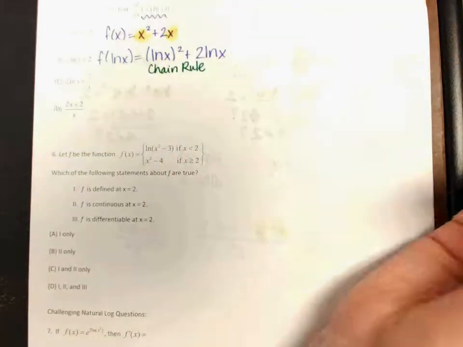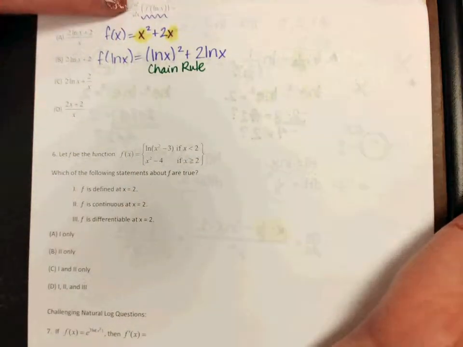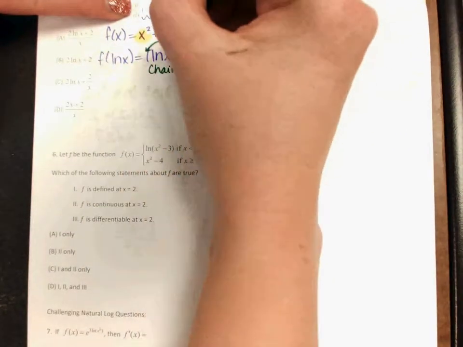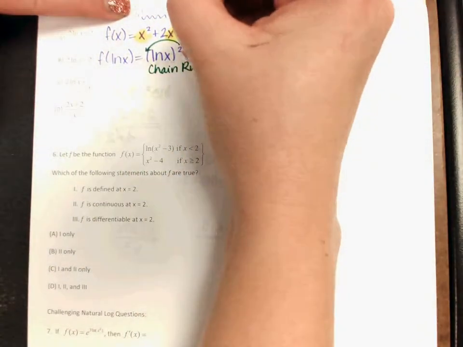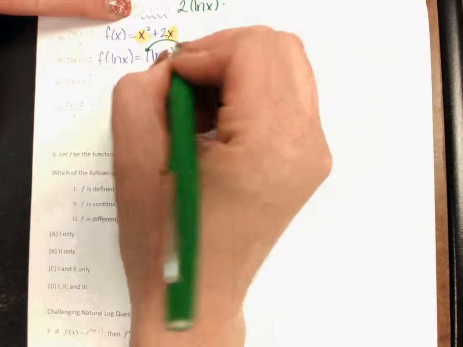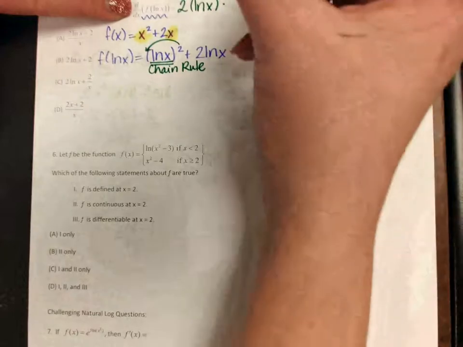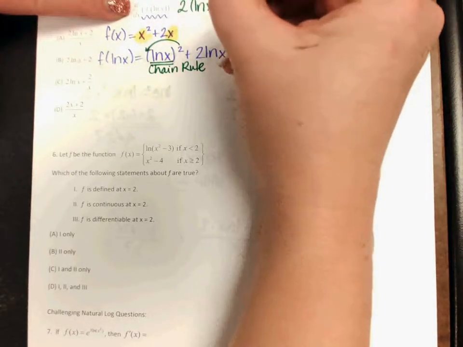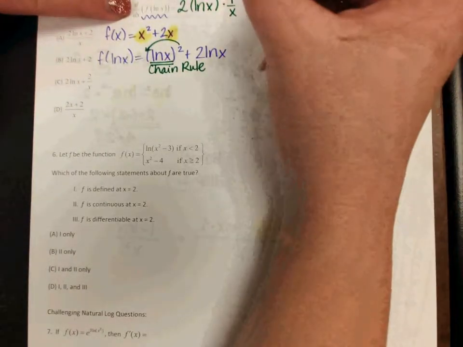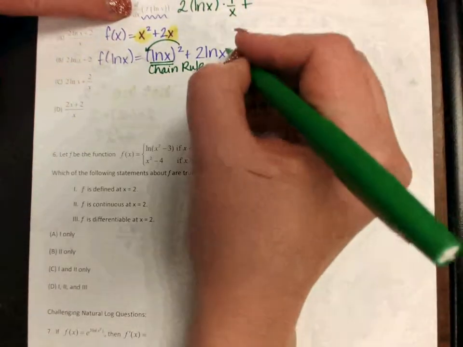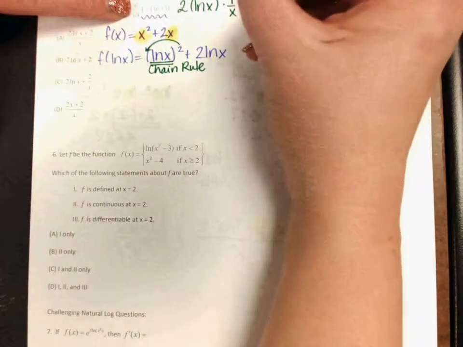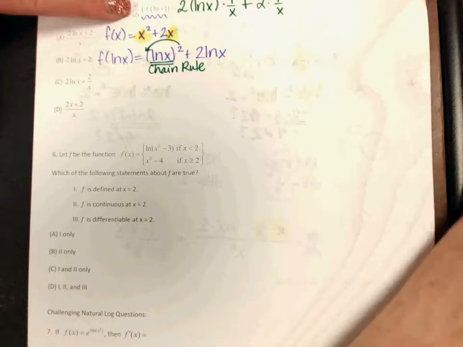So the derivative of this, I'm going to write up here, is going to be my 2 multiplies down to the front. My ln x is now to the 1. And then I have to multiply by the derivative of the inside. What's the derivative of ln x? 1 over x. Plus the derivative of 2 ln x would be 2 times 1 over x.